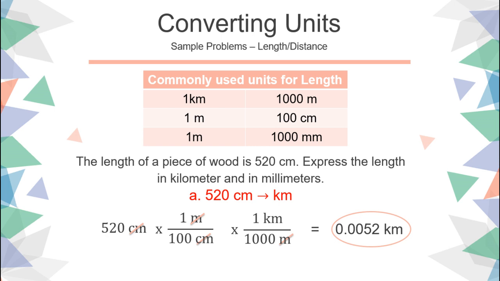So make sure to write 0. So, 520 cm when converted to kilometers is 0.0052 kilometers.